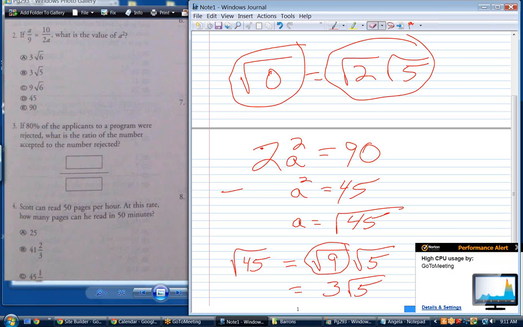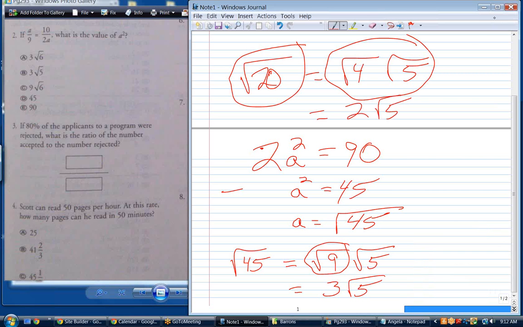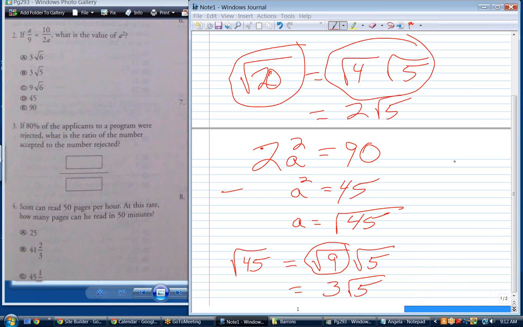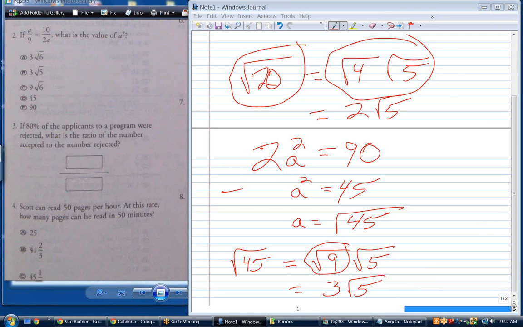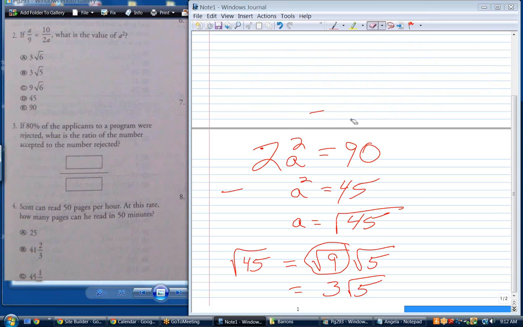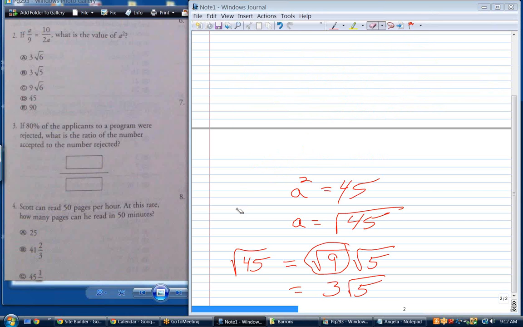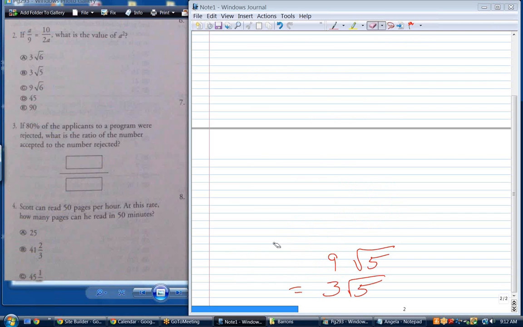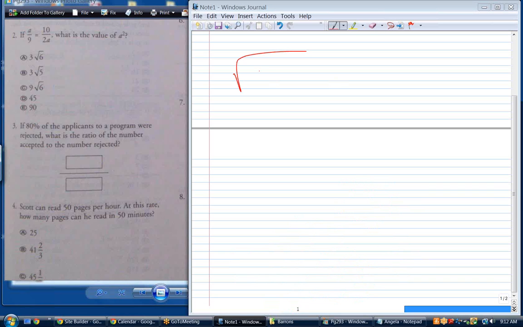Now, make that the square root of 20, and now it's the square root of 4 times the square root of 5, and that becomes 2 root 5. So you pull out whole numbers whenever you can. And it's not simplified until you've pulled out all of the whole numbers. Now, how much you will have to do this, simplifying radicals, I'm not sure.